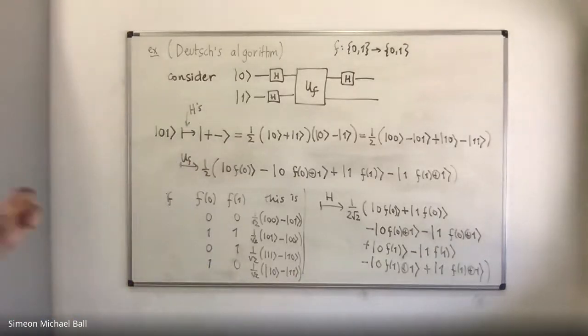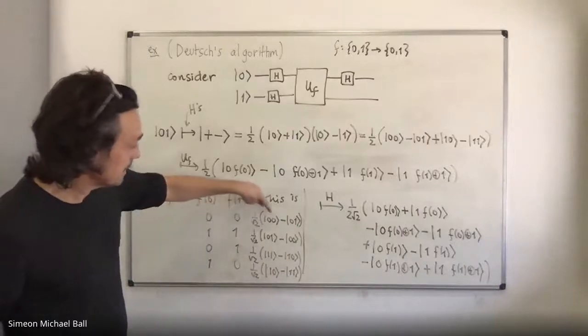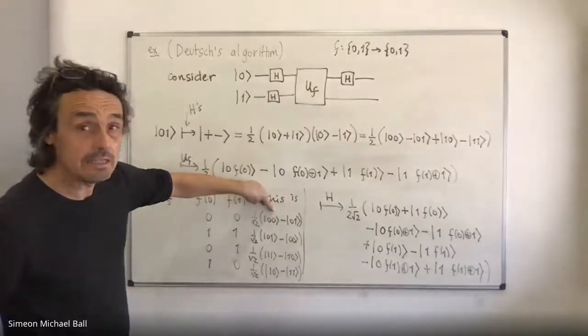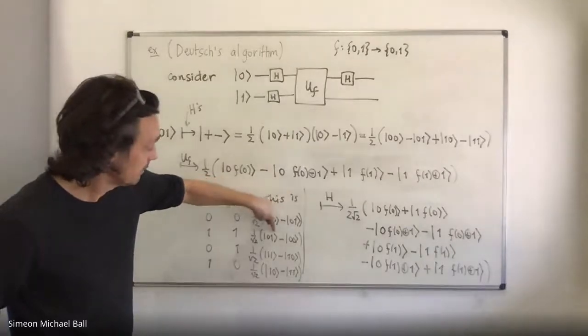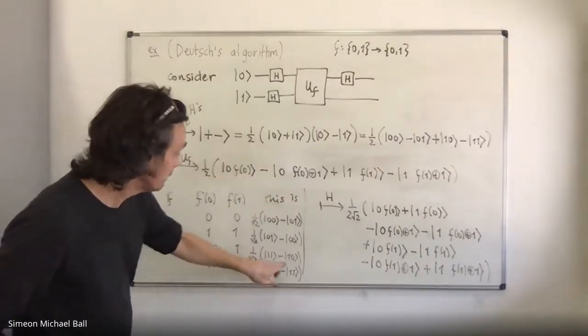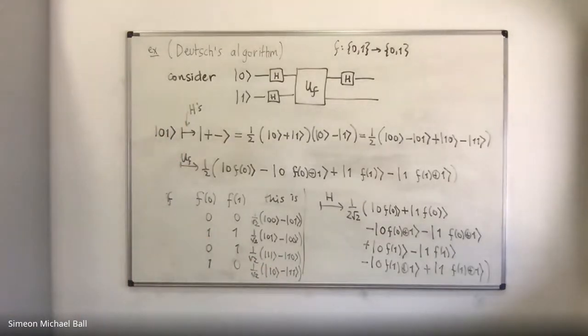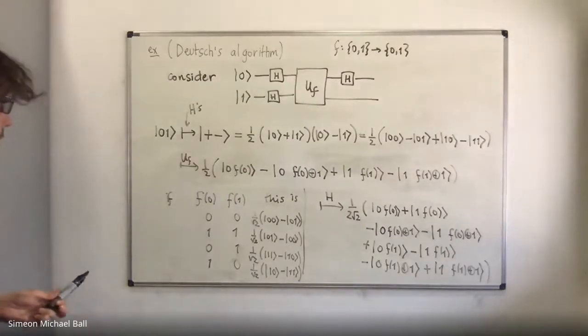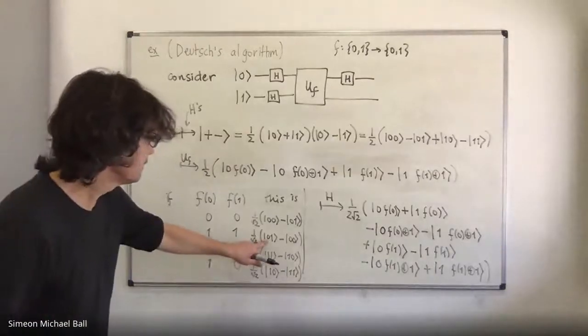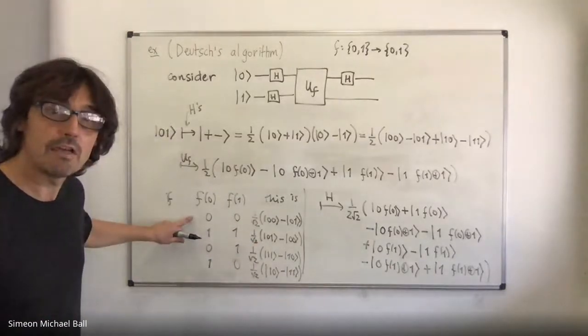But this is quite remarkable because in the second bit, you've nearly always either got 0 minus 1 or 1 minus 0. And in the first qubit, you've always got f of 0 plus f of 1.